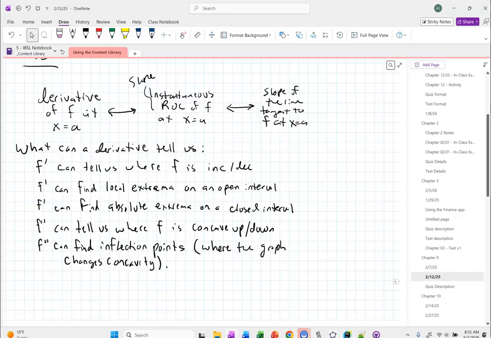So the derivative, because it's a slope function, it's telling us about the slopes of f, can tell us where f is increasing or decreasing. Because what kind of slope does an increasing function have? Positive. What kind of slope does a decreasing function have? Negative. So if I can solve my derivative and find out where it's positive and negative, that can tell me where my function, my f, is increasing and decreasing.